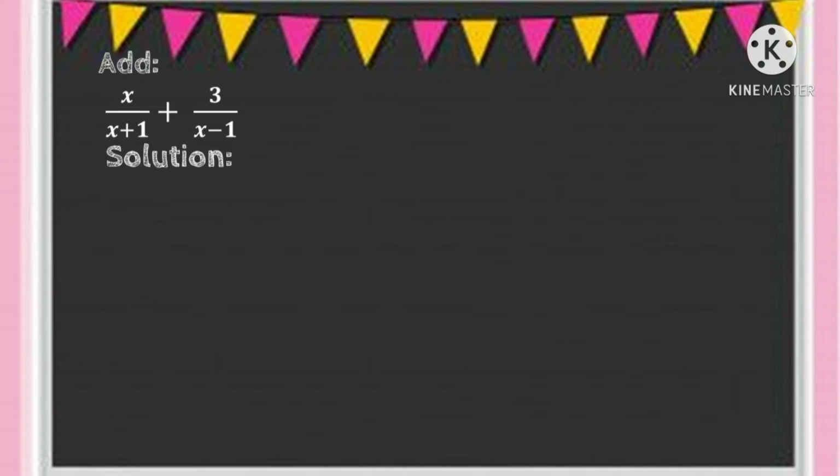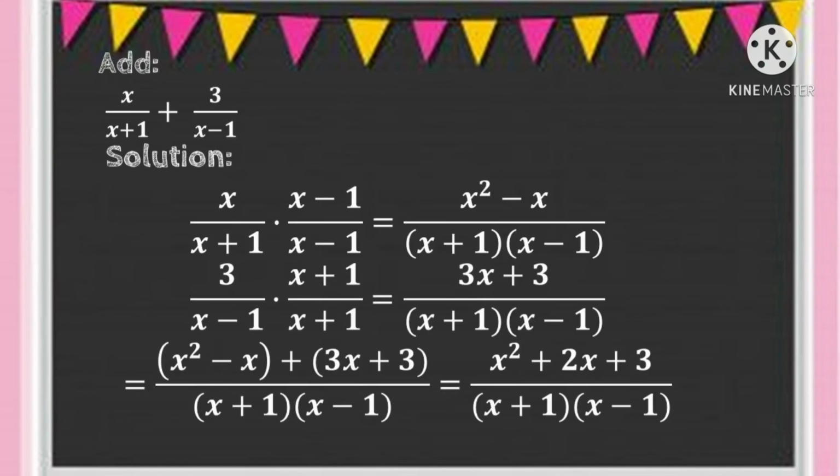Rewrite its expression in terms of the LCD. x over x plus 1 multiplied by x minus 1 over x minus 1 is equal to x squared minus x over the quantity of x plus 1 multiplied by the quantity of x minus 1. 3 over x minus 1 multiplied by x plus 1 over x plus 1 is equal to 3x plus 3 over the quantity x plus 1 multiplied by the quantity x minus 1.